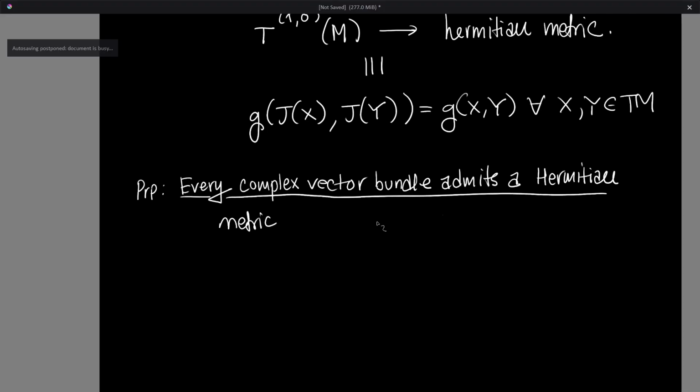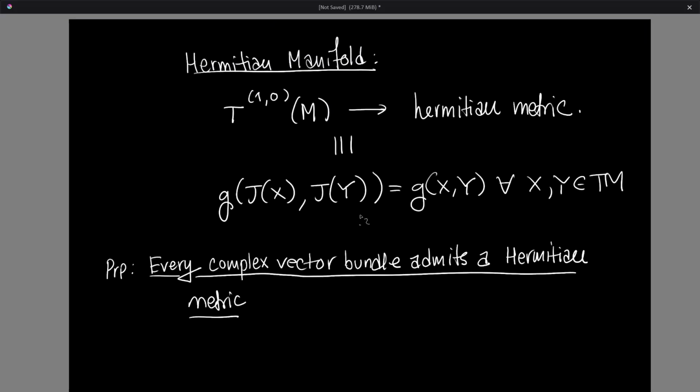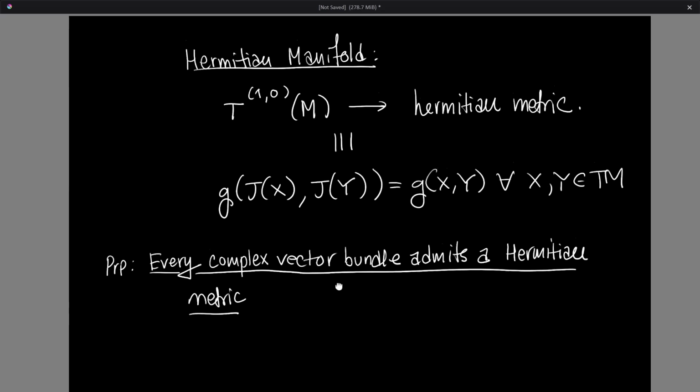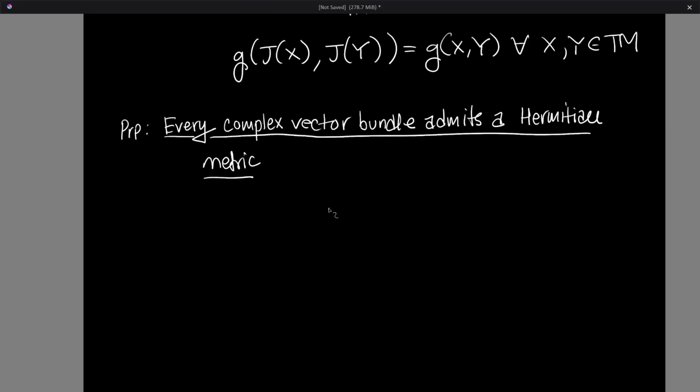So this is a non-trivial statement. You might be wondering, well, we just said that we have Hermitian manifolds that have Hermitian metrics on them, right? But that's for a manifold that has a Hermitian vector bundle on it. We're saying that for any complex vector bundle, you're going to be able to construct a Hermitian metric on it. So we're going to prove it by talking about this construction process.